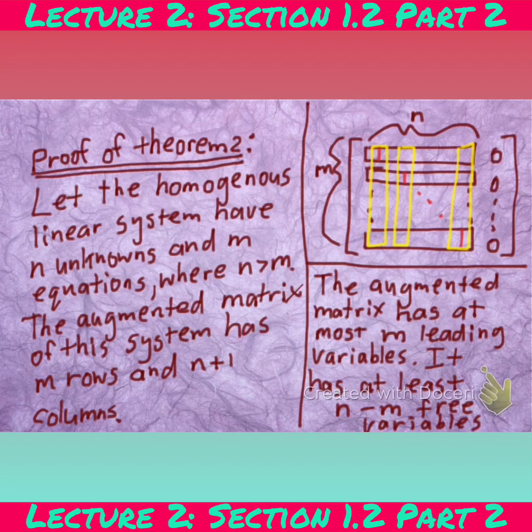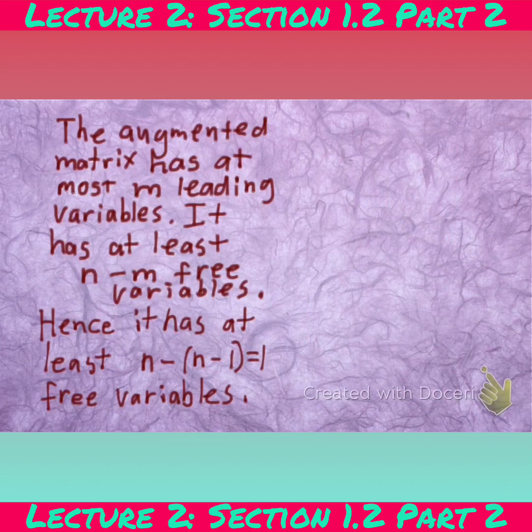Carrying on, we said previously it will have at least n minus m free variables. Now, remember that we said m is strictly less than n.